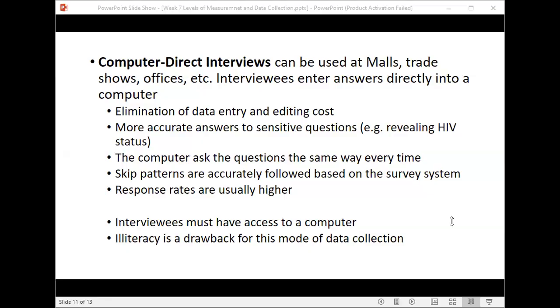When there are skip patterns, they will be accurately followed, based on the survey system you have designed. And the rate of response is very high. Those of you who have traveled, sometimes in the airport washrooms, before you get out, you see a touchpad asking how you found the washroom. Somebody is sitting behind a computer observing the responses.